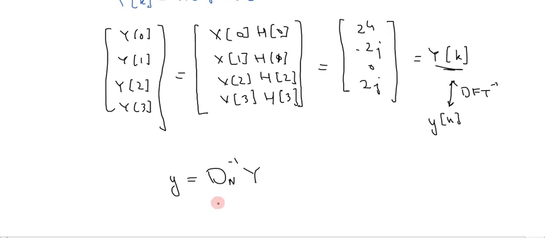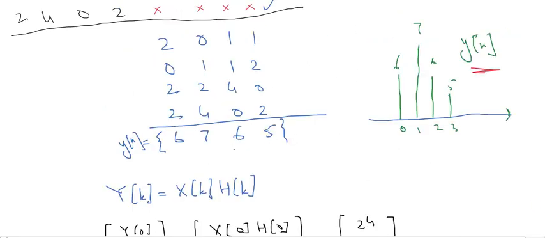Using the matrix which we have written in the previous lecture, you can find out that this y is equal to 6 7 6 5, and you can observe this y is exactly equal to 6765.